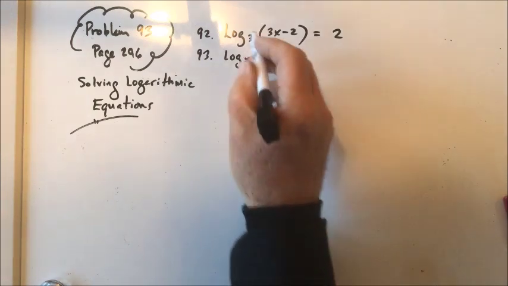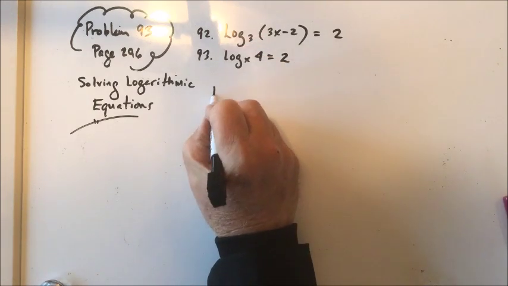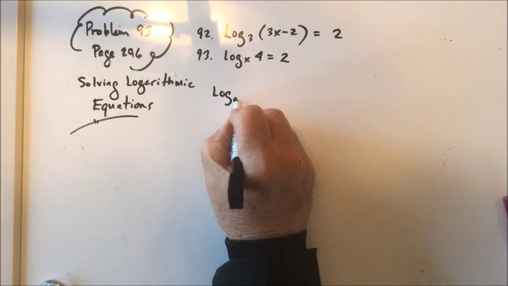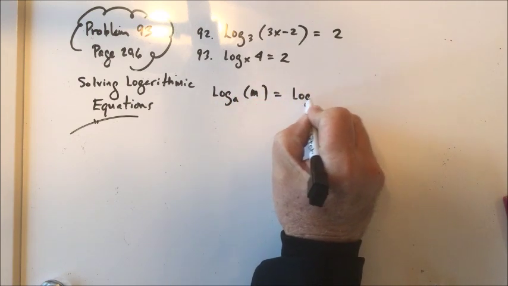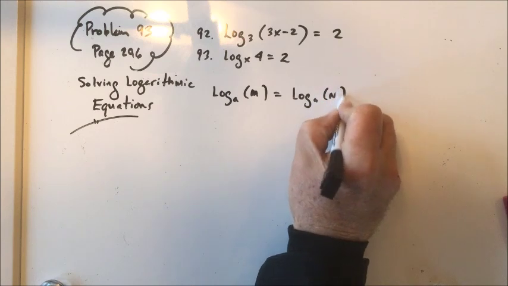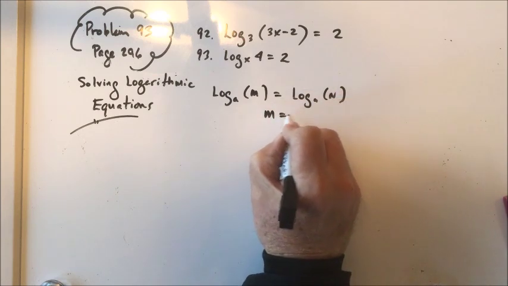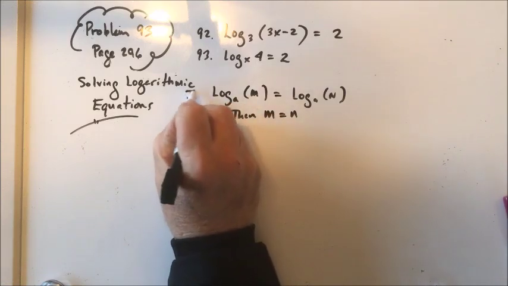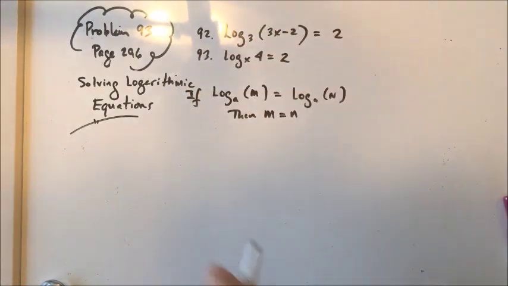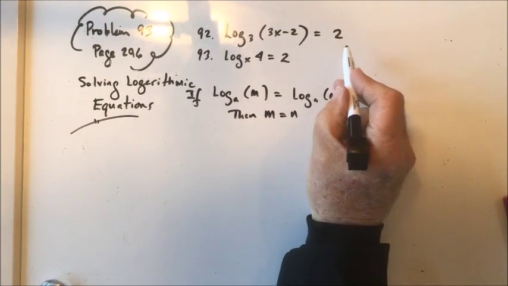There's something similar with respect to logarithms. If the log base a of some quantity m is equal to the log base a of some quantity n, then m is equal to n. Let me make this an if-then statement.